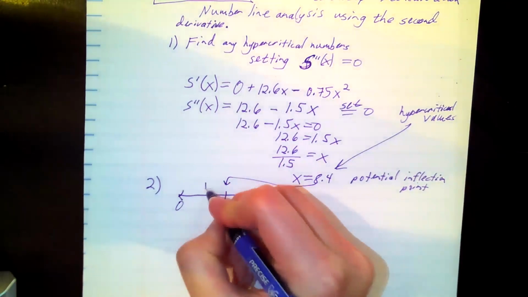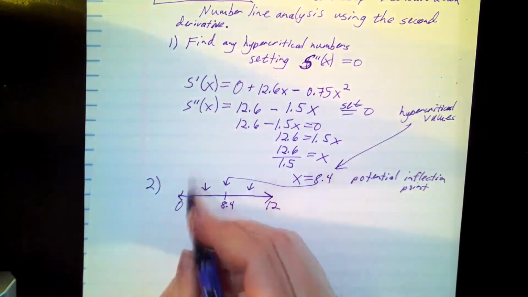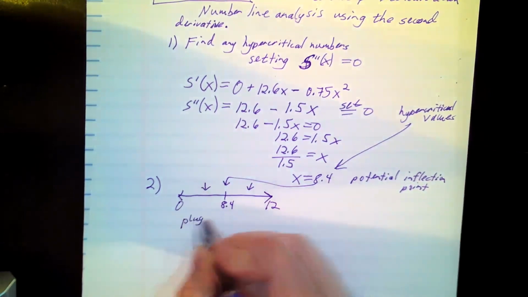And what you have to do is pick test points in this region between 0 and 8.4, and then between 8.4 and 12, and you're going to plug test points into the second derivative.